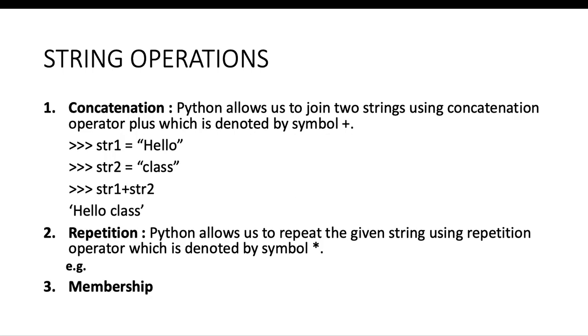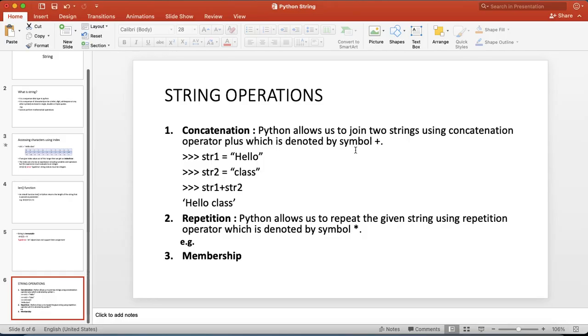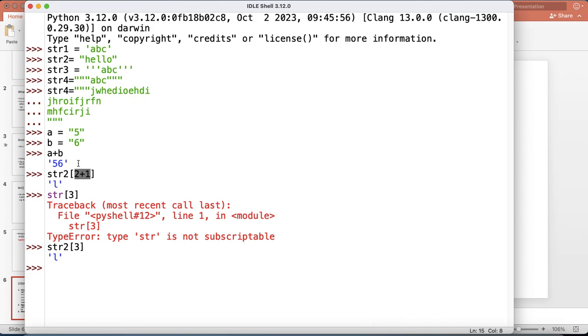First is string concatenation. Concatenation means joining two strings, and we can use the plus symbol. Here we have seen we cannot perform a mathematical operation like a plus b on strings. We concatenate strings, first string followed by the next string. So this is called the concatenation operation.